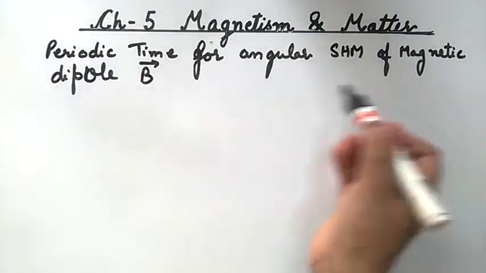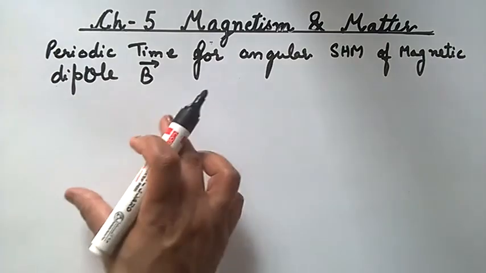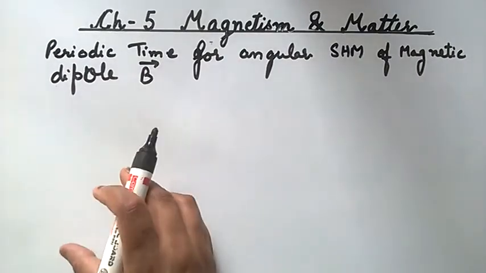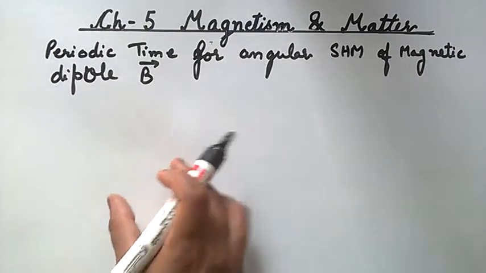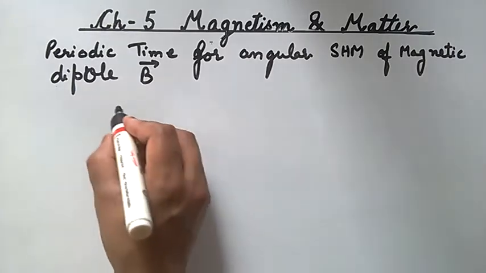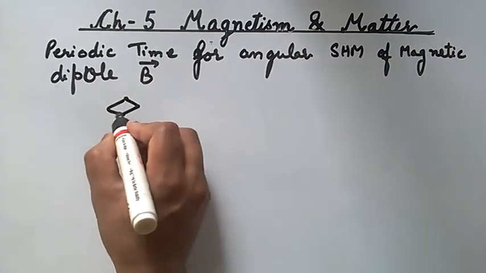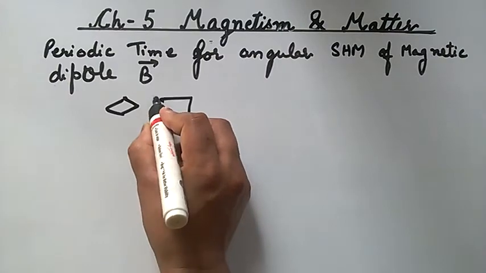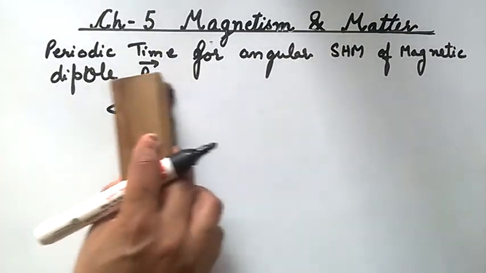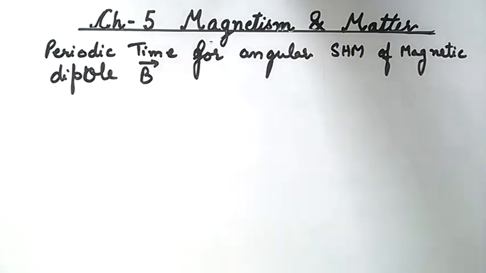We know that a magnetic dipole has two equal and opposite poles having equal strength, separated by a small distance, like a bar magnet, a magnetic needle, a compass needle, a current carrying coil.